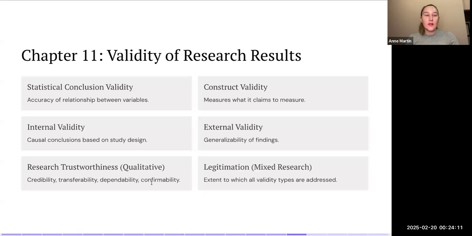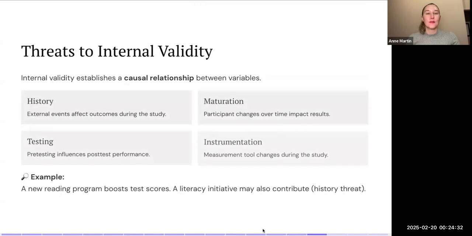And then in qualitative research, we more so say credibility or trustworthiness. How dependable are the findings, and some methods for that. And then in mixed research, we have these different methods of legitimation, which are evidence of validity. So we're always talking about the validity evidence.